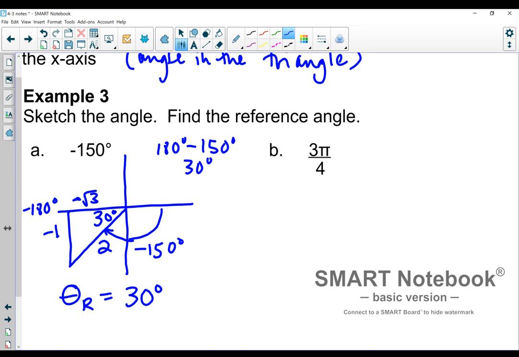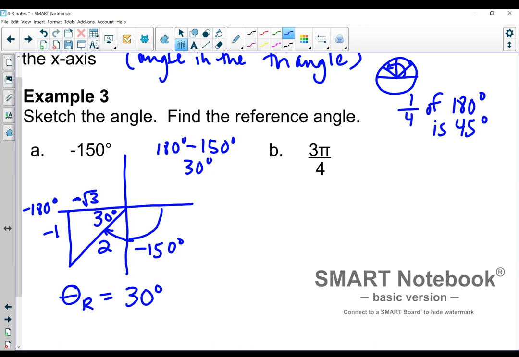So 3 pi over 4. I know that 1/4 of 180 degrees is 45 degrees. And so with this 3 pi over 4, I'm thinking about how if I take this circle, looking at just the top half here, and I divide it in half and divide it into quarters, this is like 3 of those quarters.